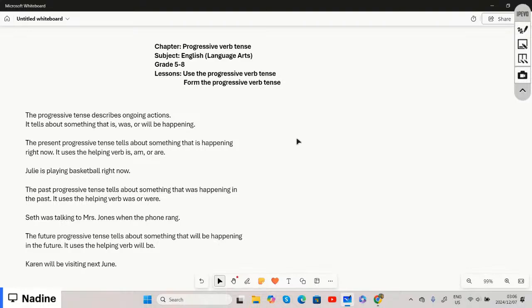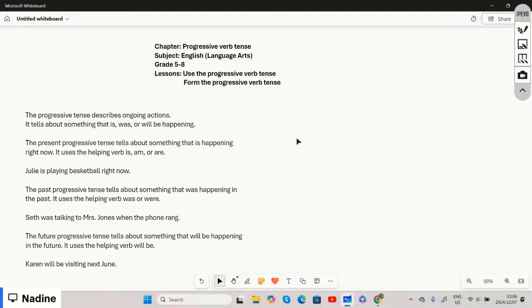So, progressive verb tenses, right? I usually say we should break down the words in order to understand it even better. Like, what are tenses? What is a verb? Now you put progressive with it, and then you'll be able to see what the actual meaning of those words are.